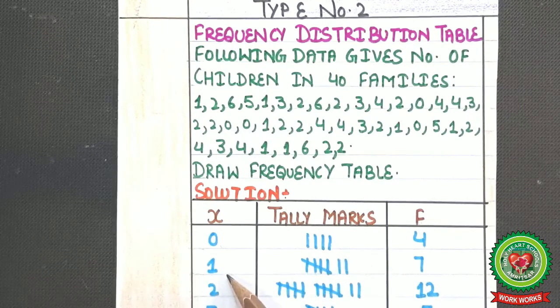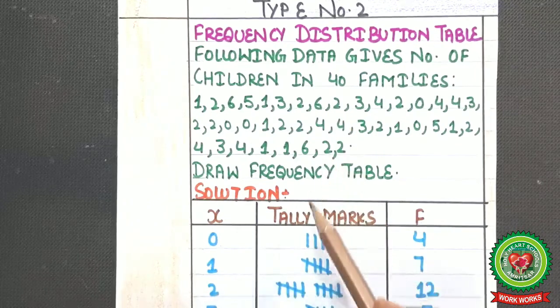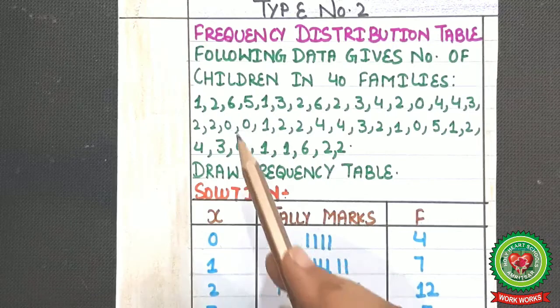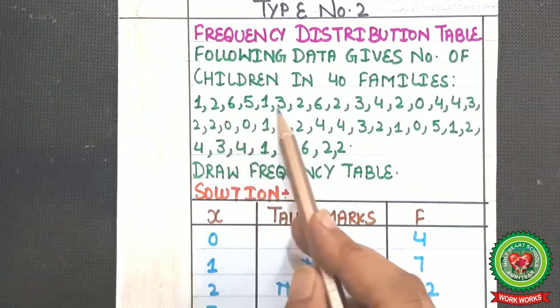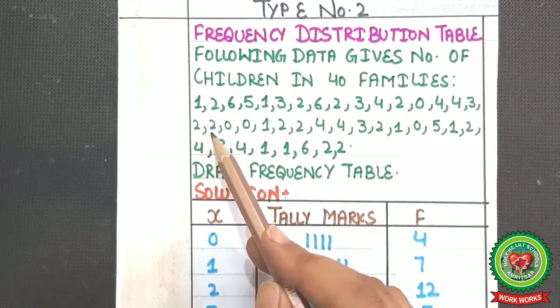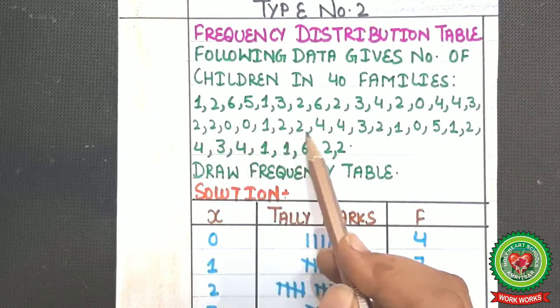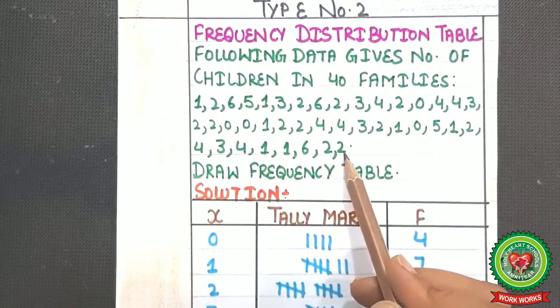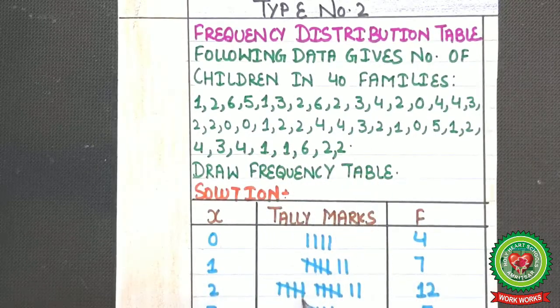Now after 1, the next number is 2. We have to count how many times 2 is coming: 1, 2, 3, 4, 5, 6, 7, 8, 9, 10, 11, 12. So it is coming 12 times. How to write 12?